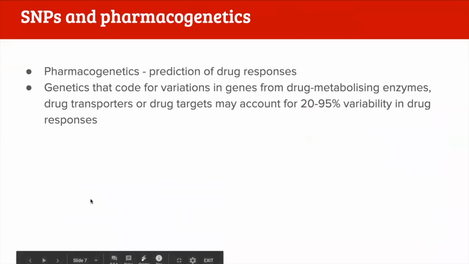So SNPs are important in pharmacogenetics. Pharmacogenetics is basically the prediction of drug responses. And it's thought that 20 to 95% variability in drug responses is due to your genetic code.